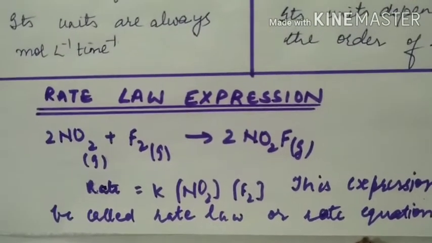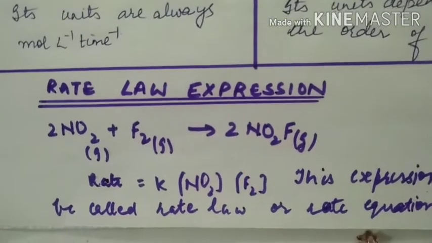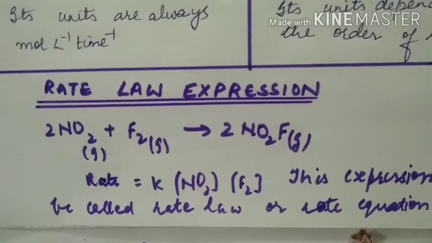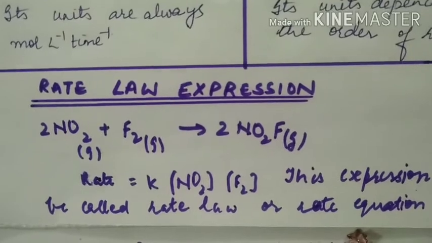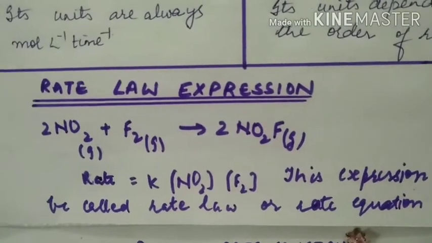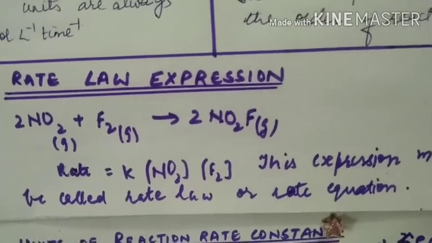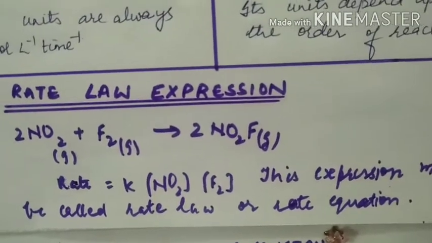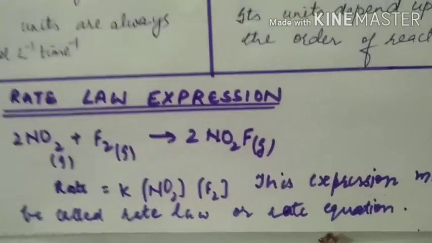But when we measure experimentally the rate of reaction, we find that rate is proportional to concentration of NO2 raised to power 1 into concentration of F2. This expression is called rate law or rate equation.